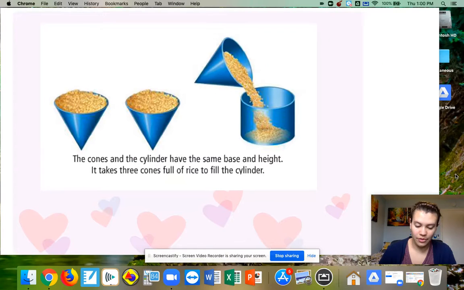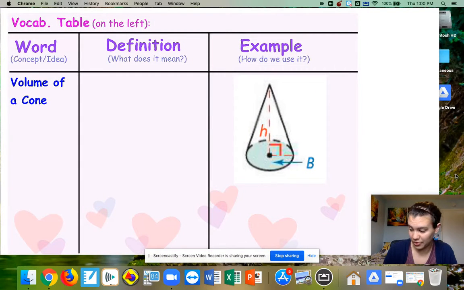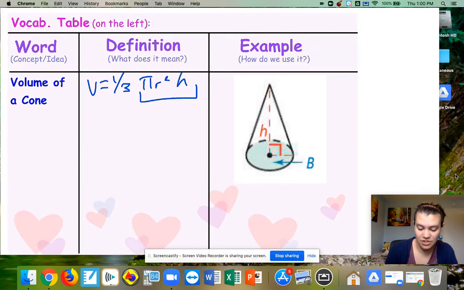So a note here, if we're trying to figure out the volume of a cylinder versus a cone, if you have 3 cones and you pour them all into one cylinder, that's going to fill it up. So every cylinder is the same as 3 cones, which then goes into the formula for the volume of a cone. So it's going to be 1/3 of the volume of a cylinder. So the volume of a cylinder formula is pi r squared times h, multiplied by 1/3, and that will give you a cone. r is still your radius, h is the height.